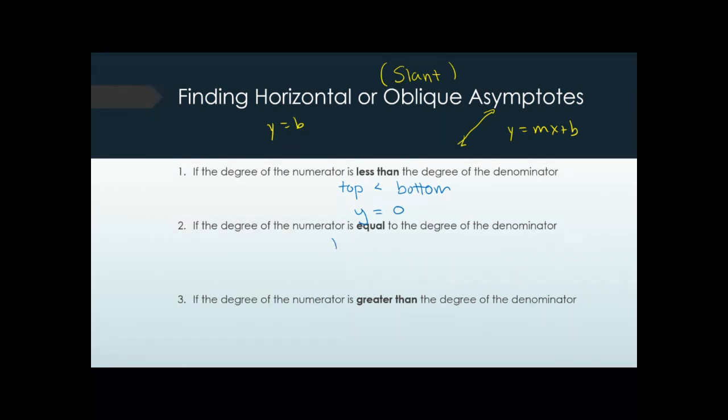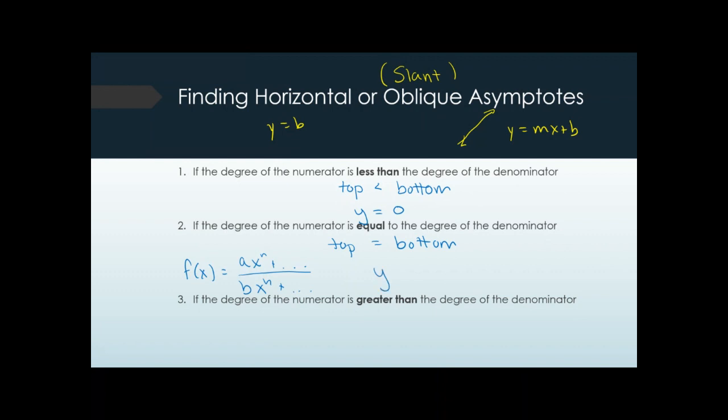If the degree of the numerator, that's the top of the fraction, is equal to the degree of the denominator, which is the bottom, then you have to look at the leading coefficients. So let's say our function is a x to the n plus dot dot dot over b x to the n plus dot dot dot. So a and b are those leading coefficients.